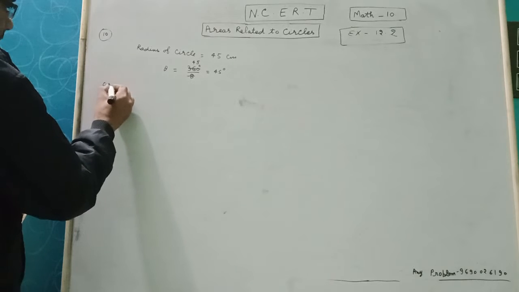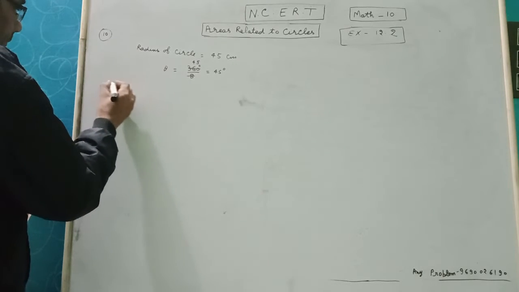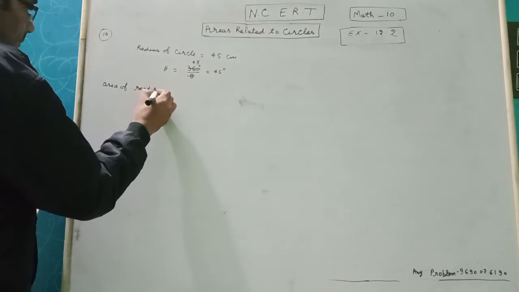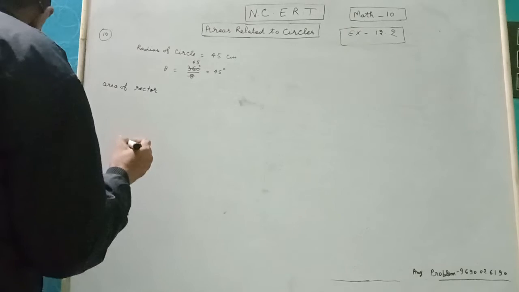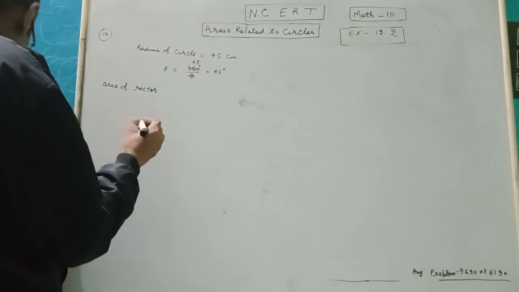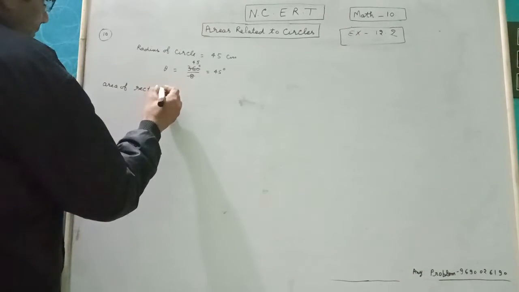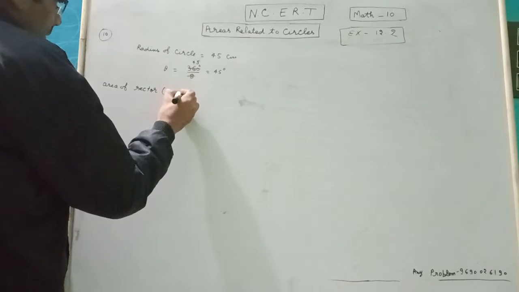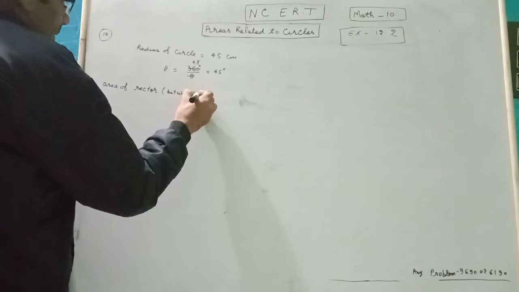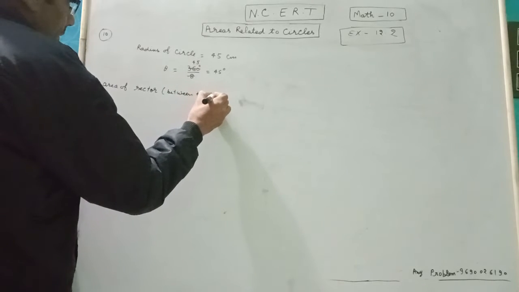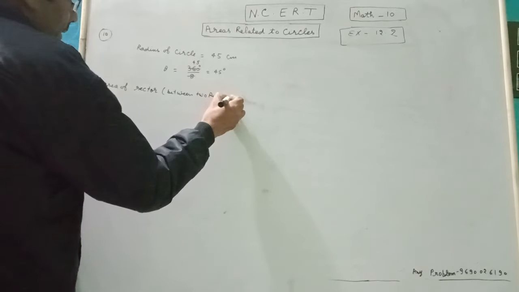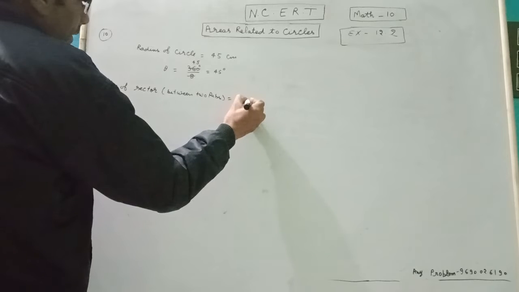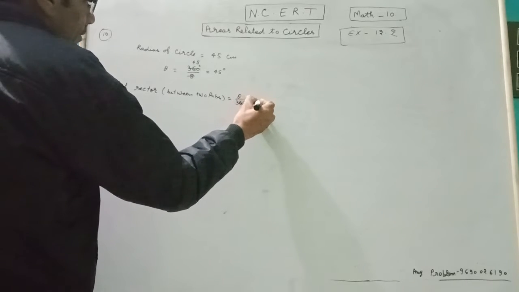Area of the sector between two ribs is equal to theta upon 360 pi r square.